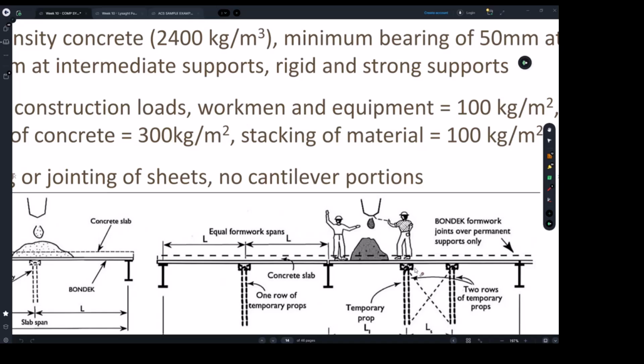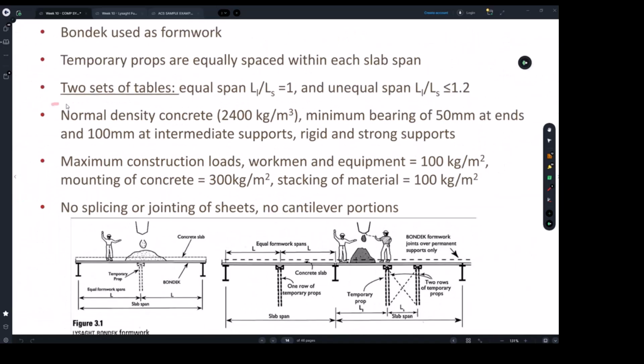All right. There are 2 sets in the tables. One talks about the long span over the short span being 1, and the other covers situations where the spans are not equal, where the long span over the short span is more than 1 but still less than 2. What we're talking about here are cases where our bonding runs over 2 spans.